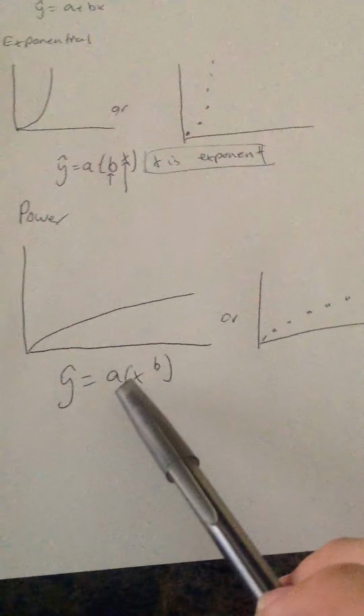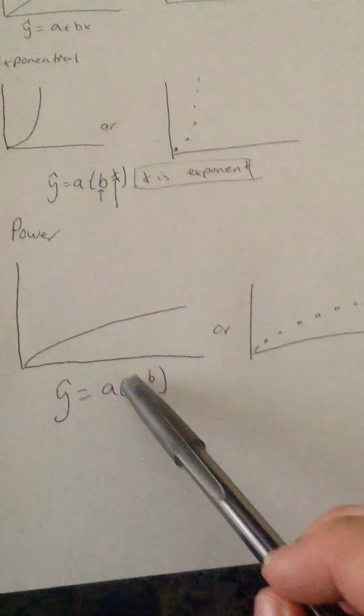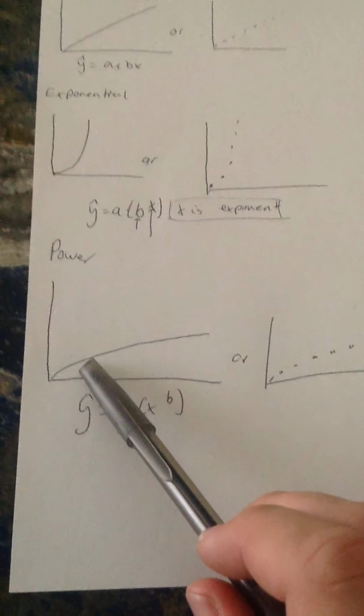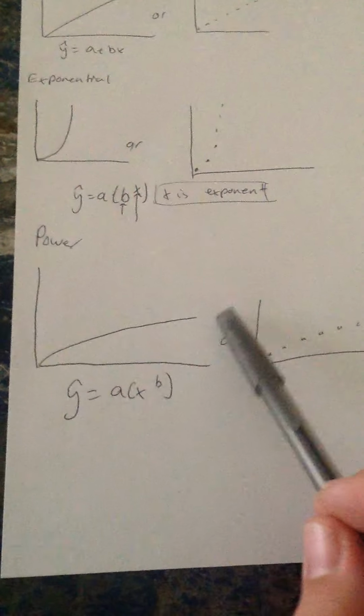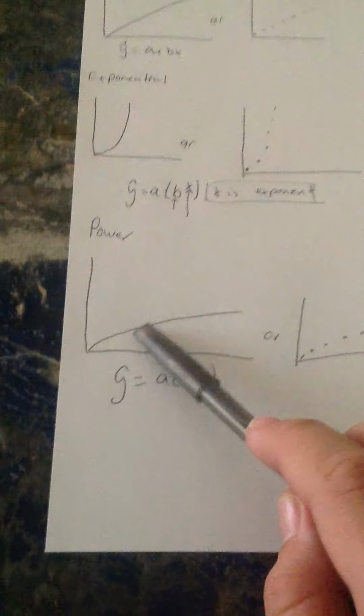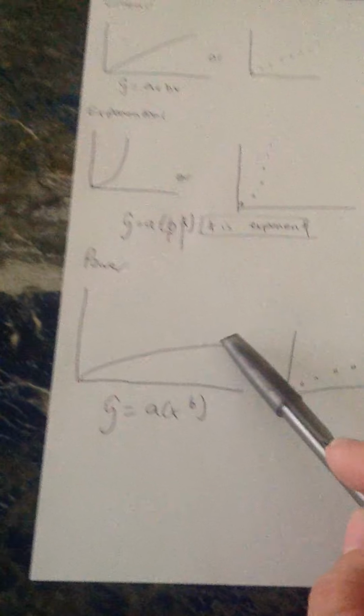And the reason why it does this kind of shape is pretty simple as well. Imagine you have x squared right down here, x to the third, x to the fourth, x to the fifth. You have x squared, so 1 squared, 2 squared, 3 squared, 4 squared, 5 squared, 6 squared.